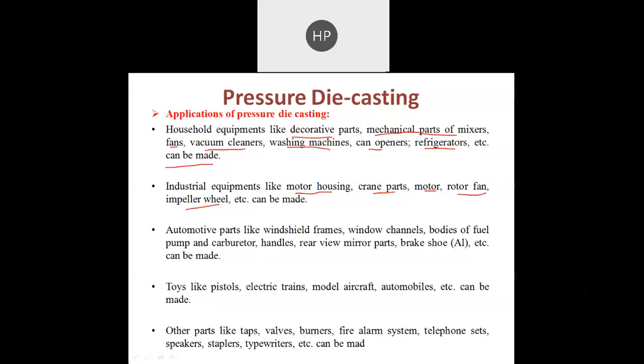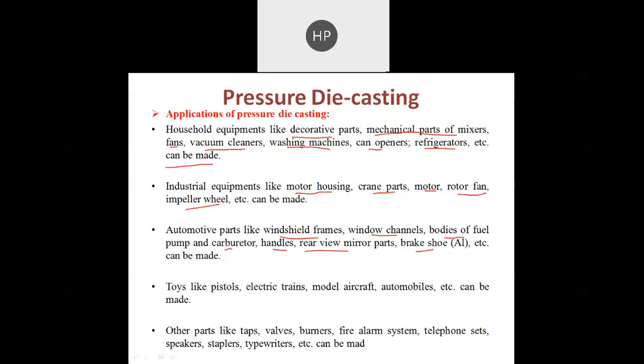Then automotive parts like windshield frames, window channels, bodies of fuel pumps, carburetors, handles, rear view mirror parts and brake shoes can be made by pressure die casting.